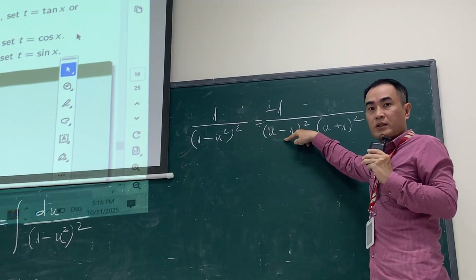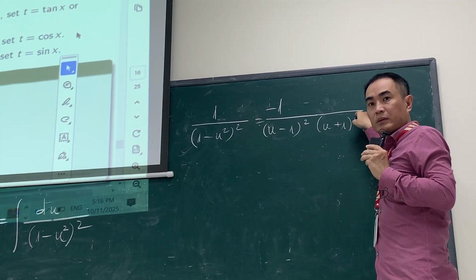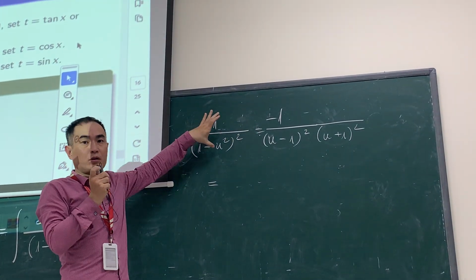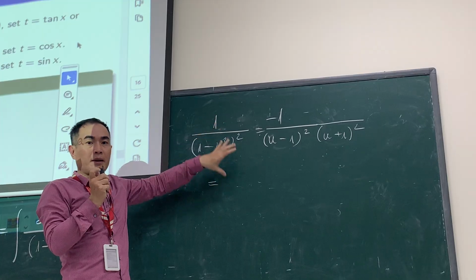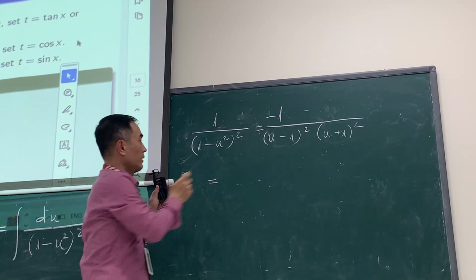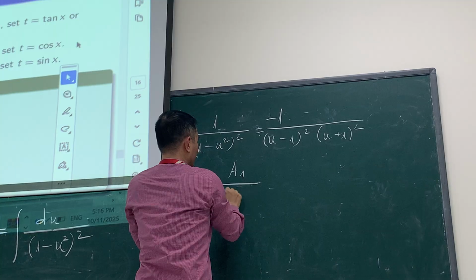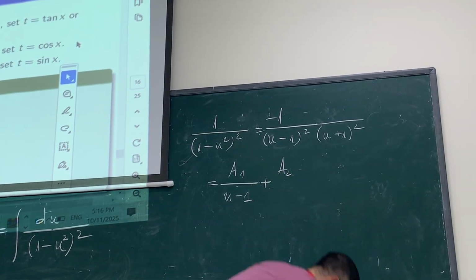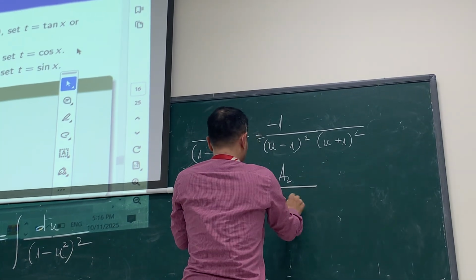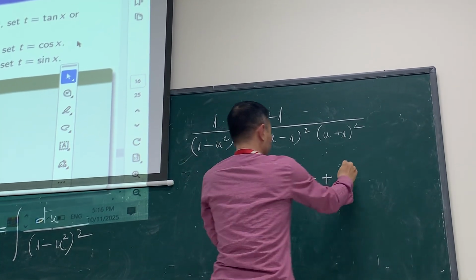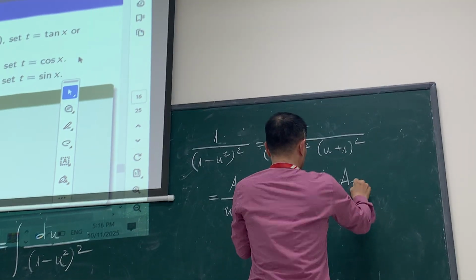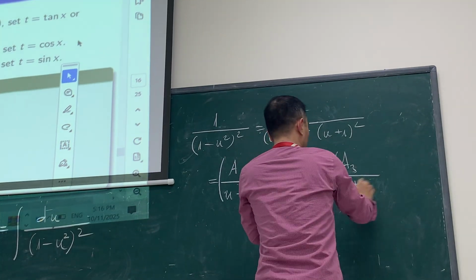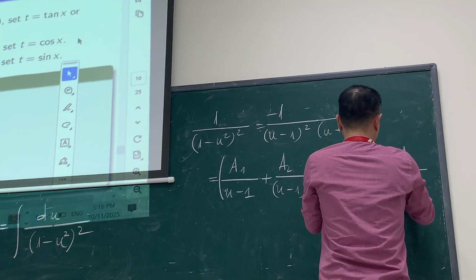Here we have a linear function to the power 2, so we can express the proper rational function by the sum of partial fractions: A1 over u minus 1, plus A2 over u minus 1 squared, plus A3 over u plus 1, plus A4 over u plus 1 squared.